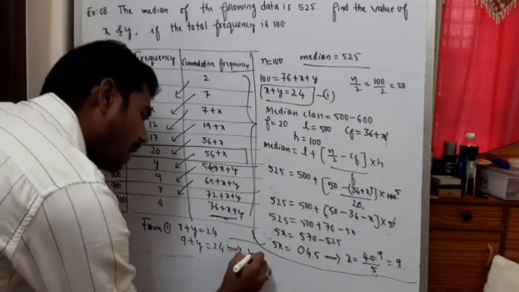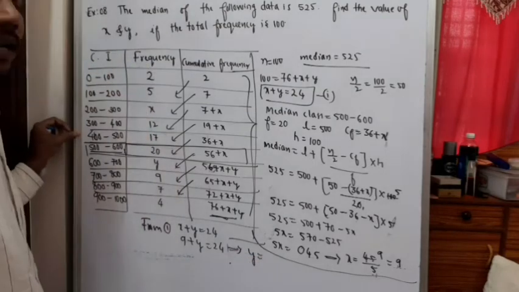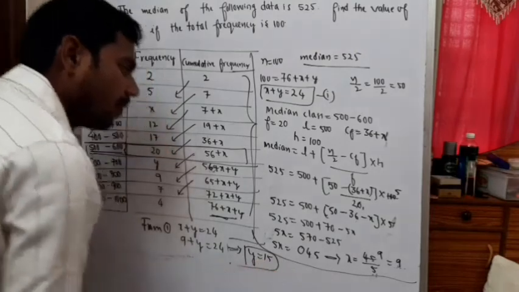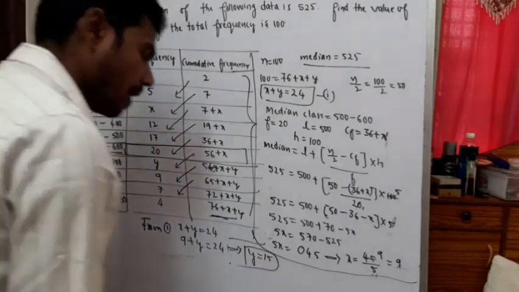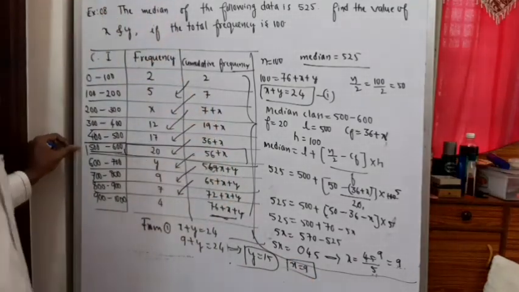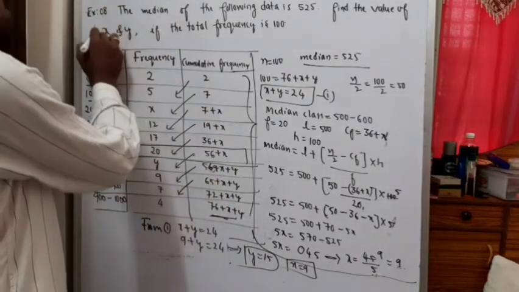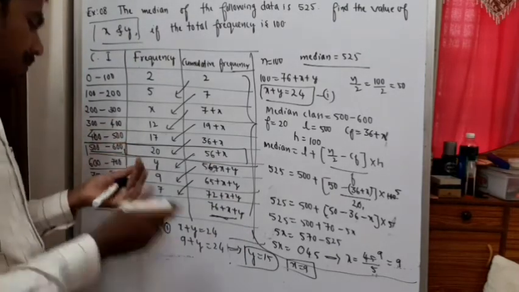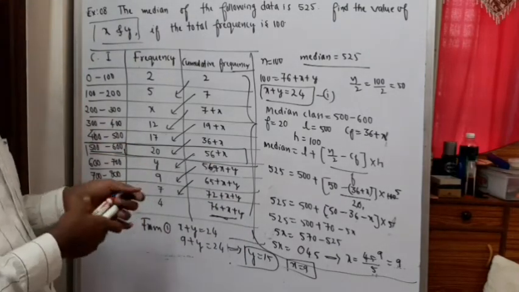So y is equal to 24 minus 9, which is nothing but 15. So x is equal to 9 and y is equal to 15. So that was the question. We were supposed to find x and y. We found it.